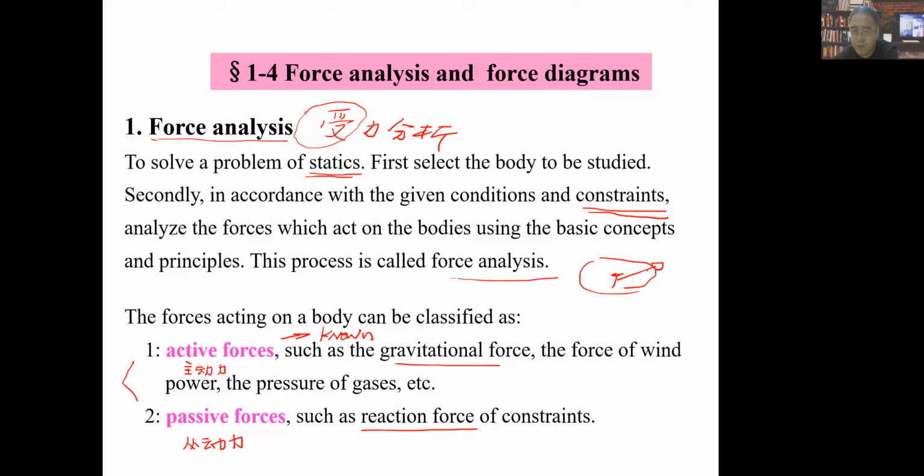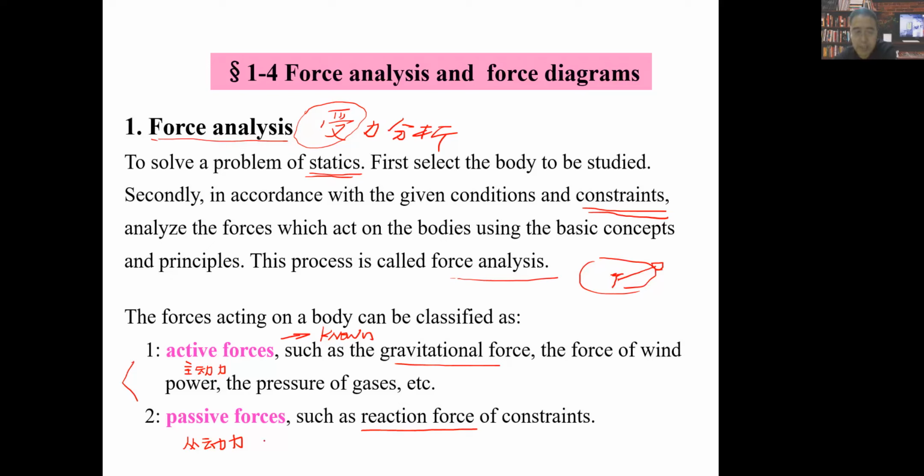We allow that donkey to eat grass only within this entire circle, right? But if this cattle tries to escape this circle, then it will be prevented. So this kind of tension force acting on this donkey is by this rope. So this is the reaction force of constraint.